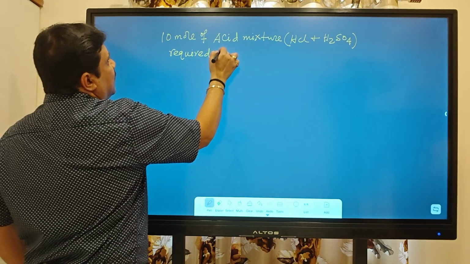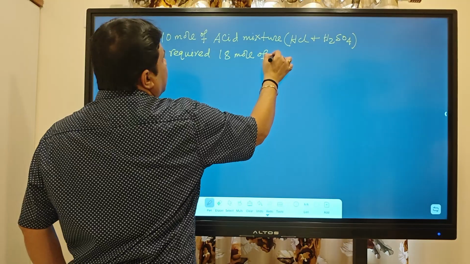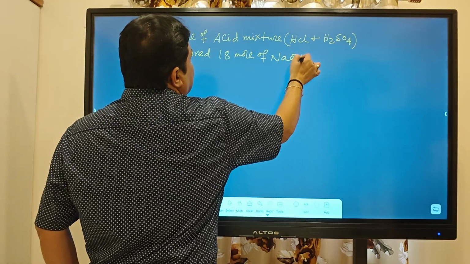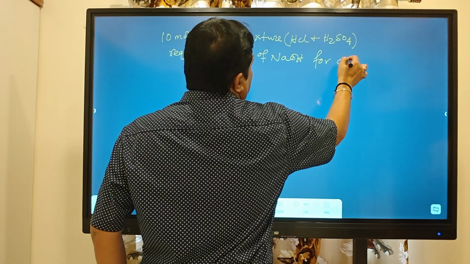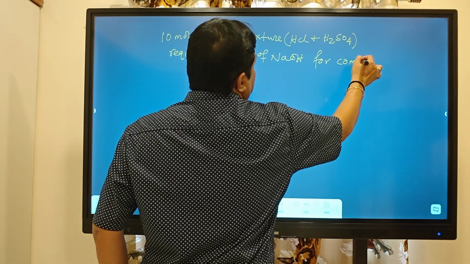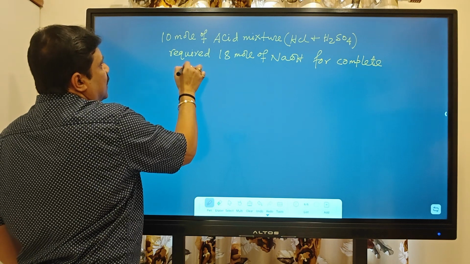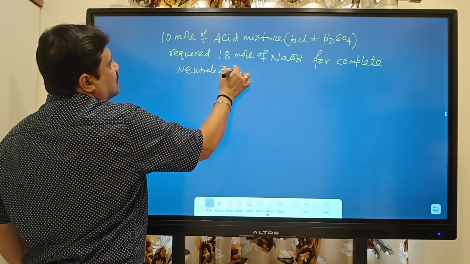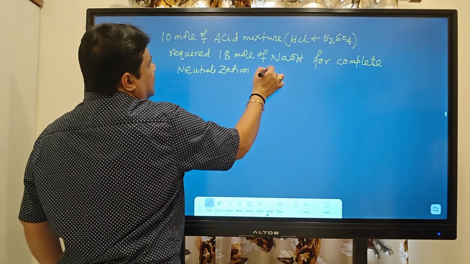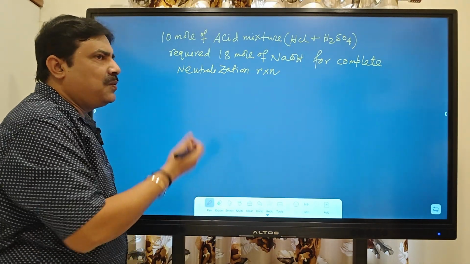required 18 mole of NaOH for complete neutralization. Neutralization reaction means acid and base will fully react and they will form a salt and water.